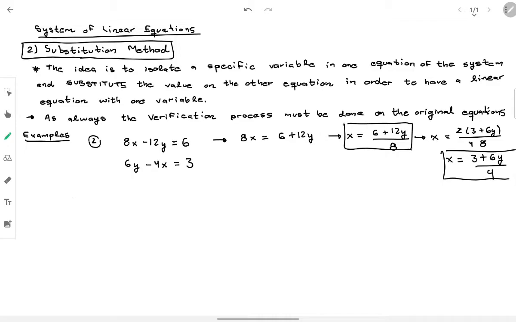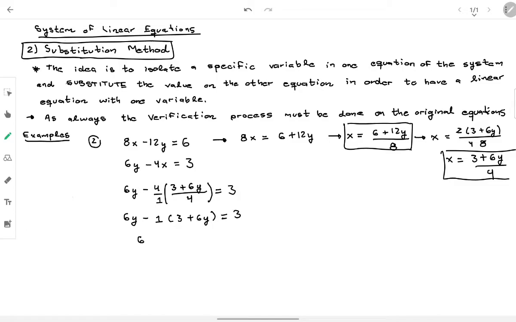Let's see. If I substitute in the second equation, it's going to be 6y minus 4 multiplied by x, that is (3 plus 6y) over 4, equals 3. So it's going to be 6y minus 4, and 4 and 4 can get simplified. So it's going to be only minus 1 multiplied by (3 plus 6y) equals 3.